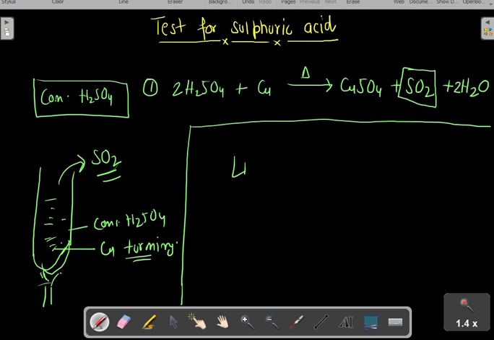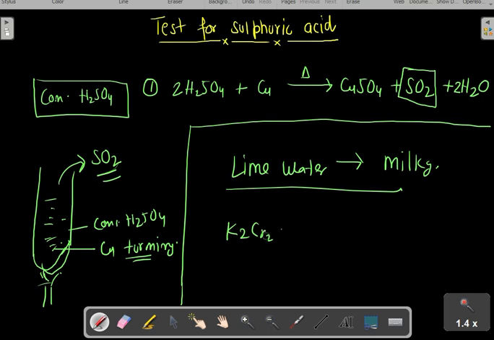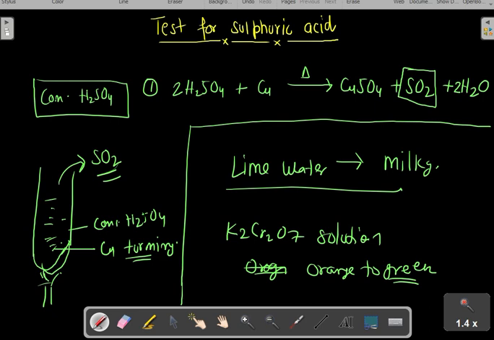Also the sulfur dioxide gas will convert the potassium dichromate, that is K2Cr2O7 solution, from orange to green. So by using this test we can detect the concentrated sulfuric acid. This was the first test.